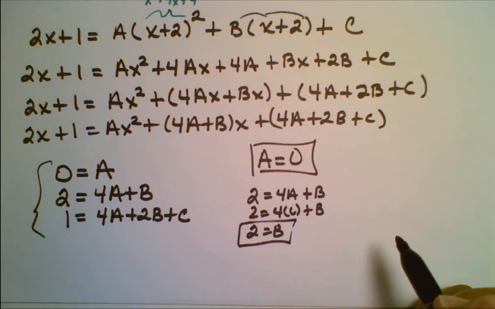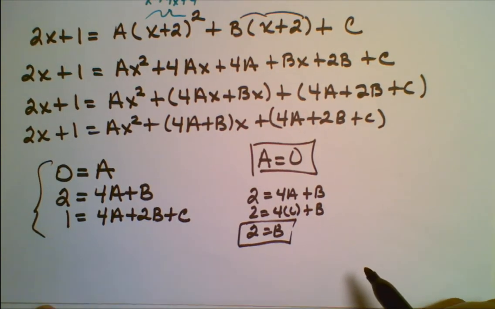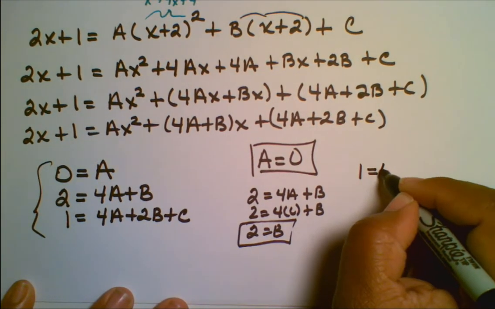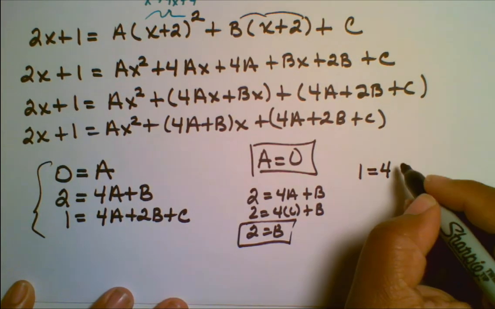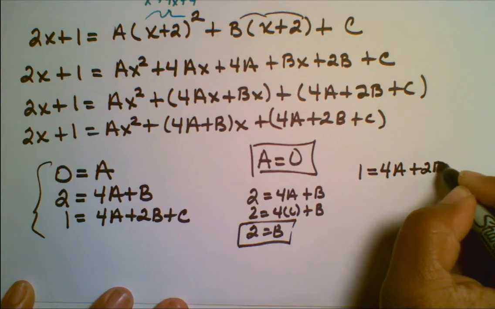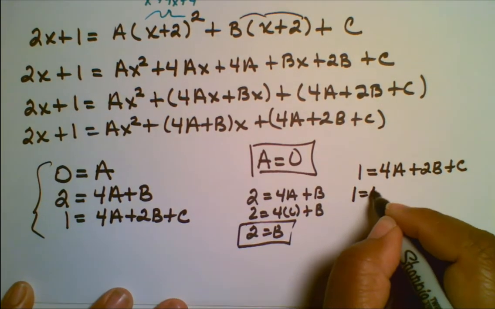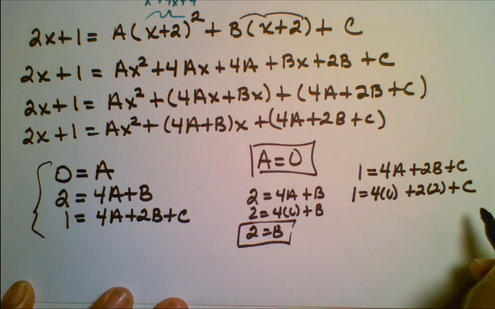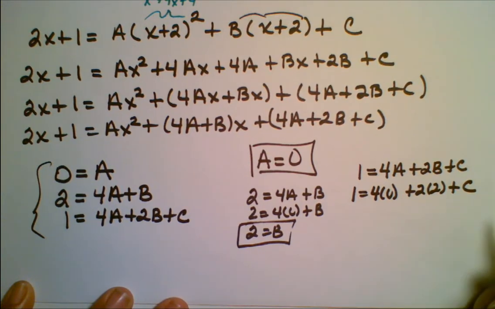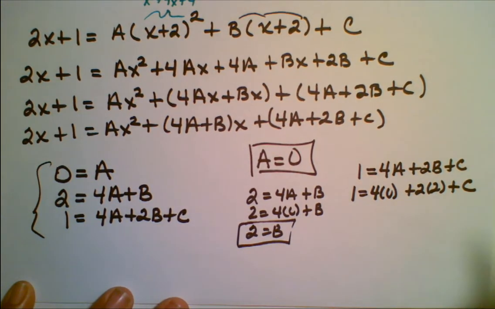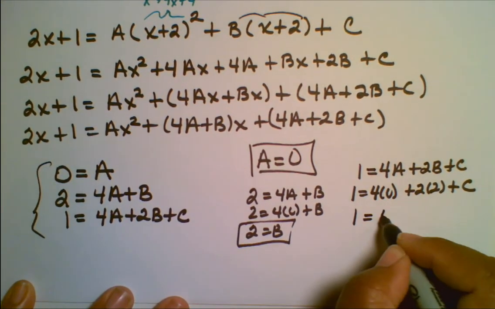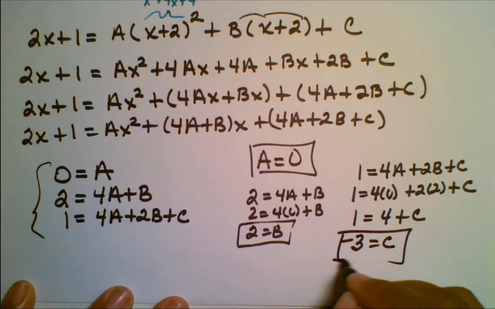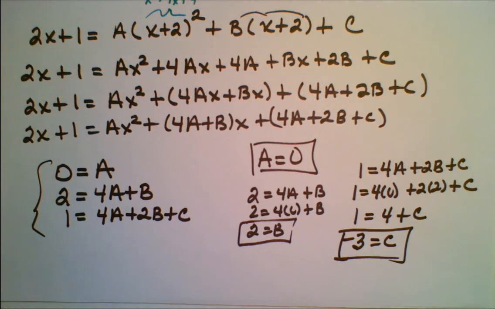And then let's find C. We have 1 is equal to 4 times 0 plus 2 times 2 plus C. Okay, and then we have 1 is equal to 4 + C. That gives us C equals negative 3.